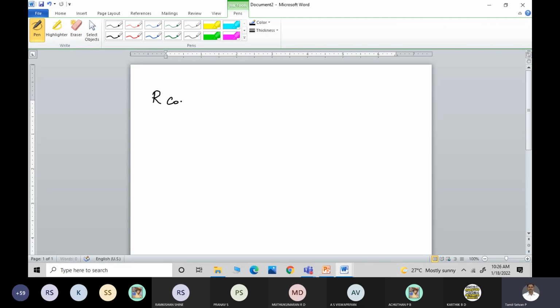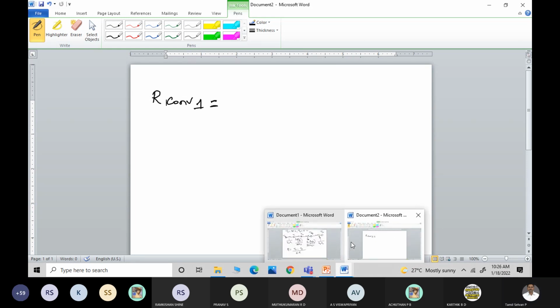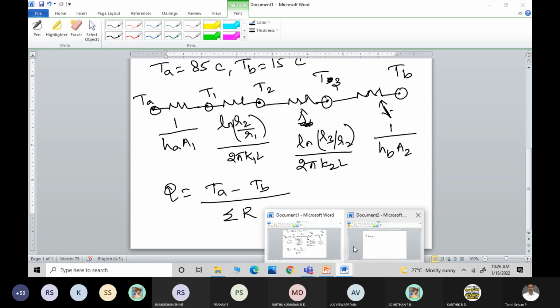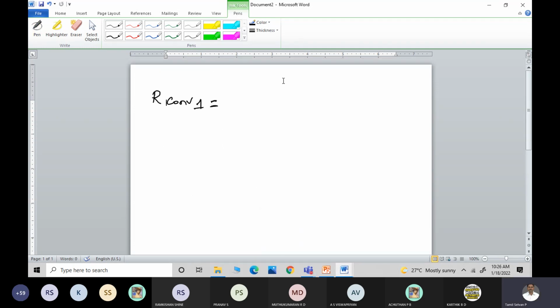Oh, we don't know the temperatures, right? Am I correct? First, we have to find out Q, then only we have to find out the interface temperature. Yes, sir. Q first.